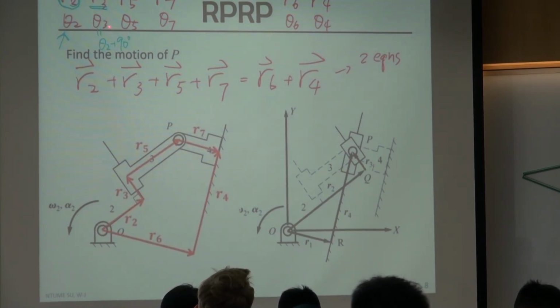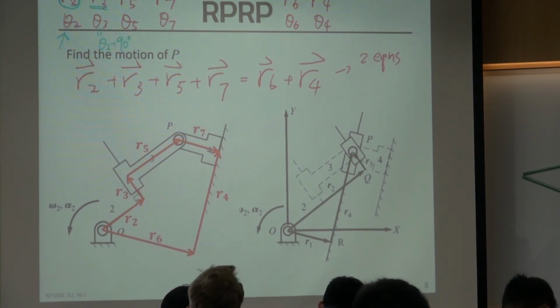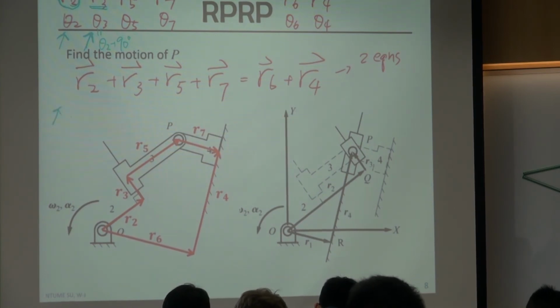So you can consider theta 2 and theta 3 as the same unknown, but because theta 2 is known, theta 3 should be known. So I will also put an arrow, which means input, and underline means unknown for now.